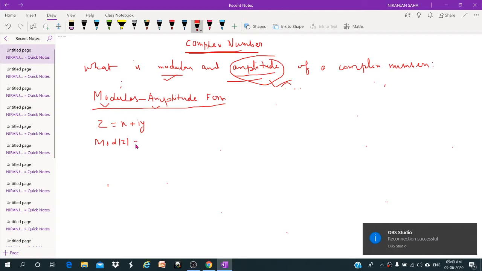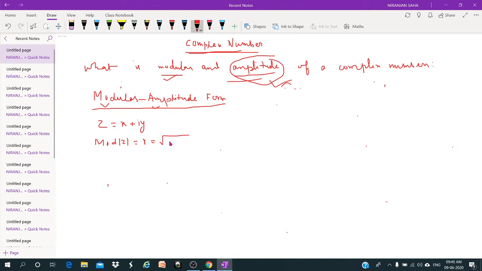We are taking this as r, which will be root over x square plus y square, and the amplitude of z we are taking as theta, which is tan inverse y by x.